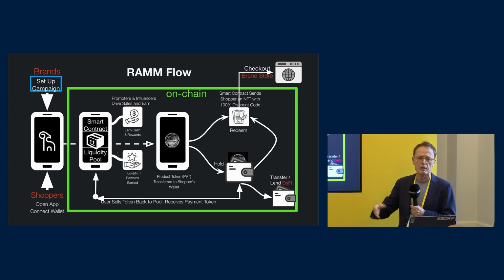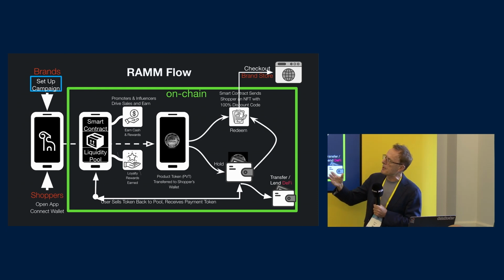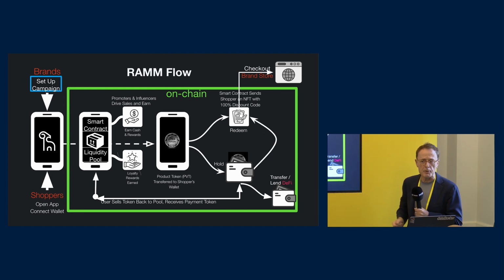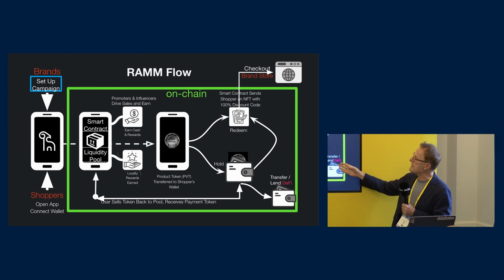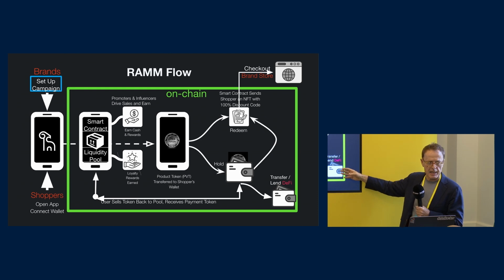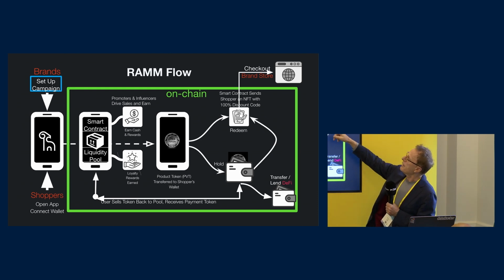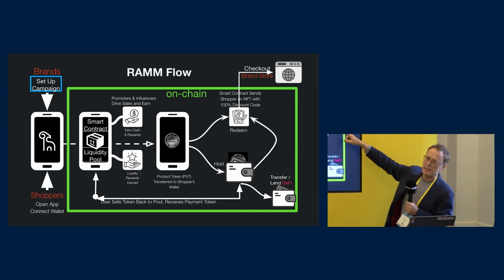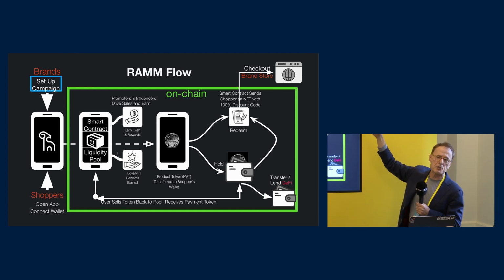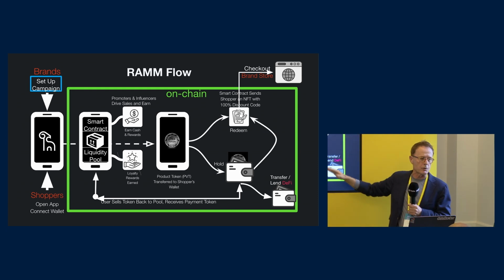You can redeem it right away and get the product that you're looking for, or you can hold on to it, and because of dynamic pricing, it may increase in price, so you could sell it back and make a profit, or you could transfer it to a friend, or you could lend it in a DeFi transaction, or if you want to check out and redeem it, it exchanges your token for a promo code and sends you to check out at the brand site. So we hold no inventory, it's just a transaction engine.